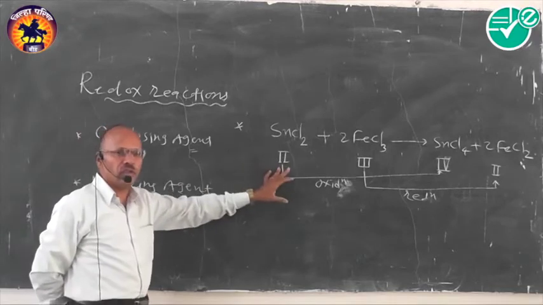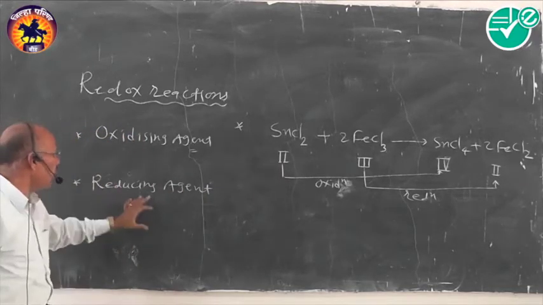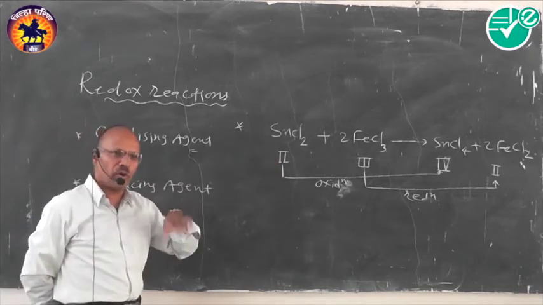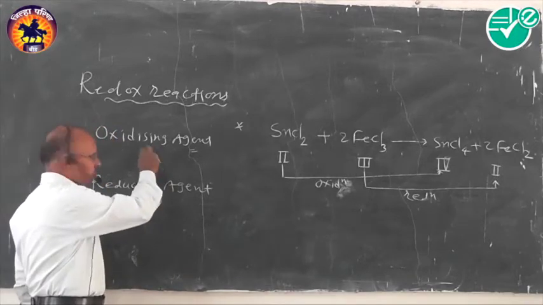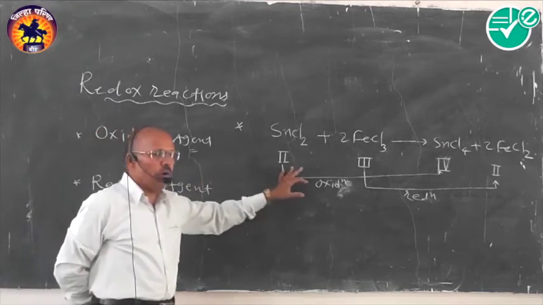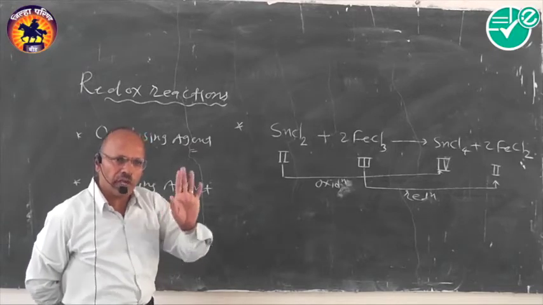So from the given reaction, how to identify the oxidizing agent and the reducing agent is a very important point from the CET point of view or the competitive exam point of view. Now check the proper definition first. An oxidizing agent is the substance which reduces itself and oxidizes the other.